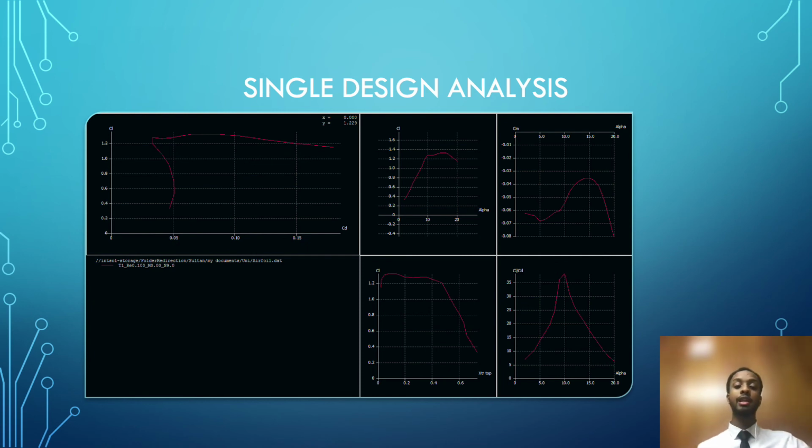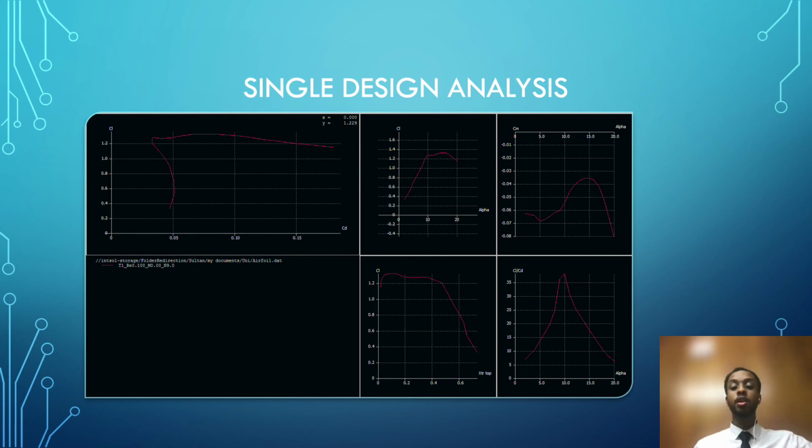Now, if we take a look at the second graph at the top, you can see that as the angle of attack increases, so does the coefficient of lift, up until it hits its maximum angle of attack of around 15 degrees. At this point, the lift coefficient stops conforming as it was doing before and starts to decrease. Now, this suggests that roughly 15 degrees would be the stall angle.